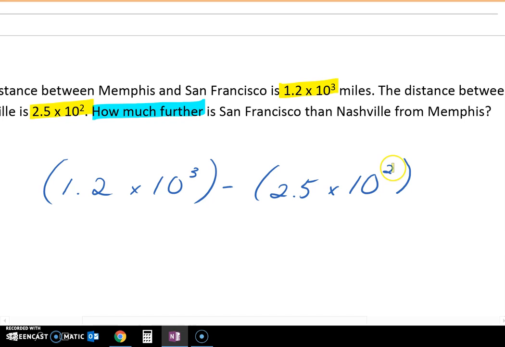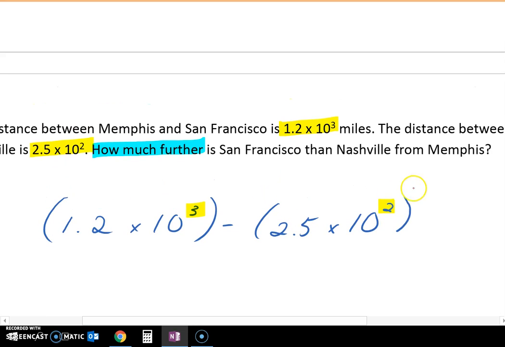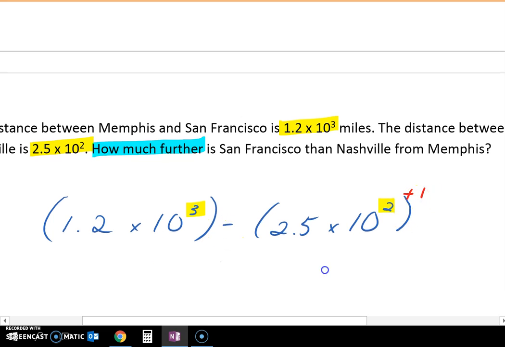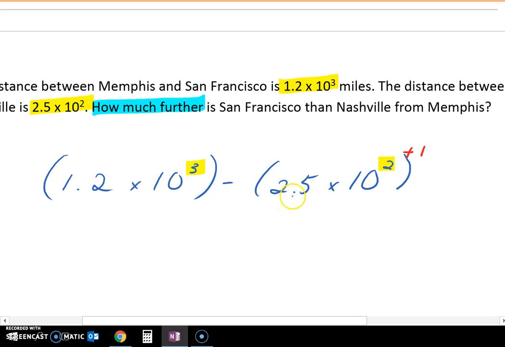Okay, with adding and subtracting, we always look at our exponents, and because they don't match, I'm going to bring this smaller one to the larger. So 2 plus 1 gives you that 3 exponent that we're looking for, and because I'm adding a space, I'm going to add a space right here.